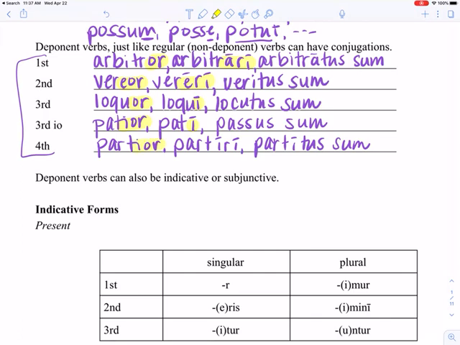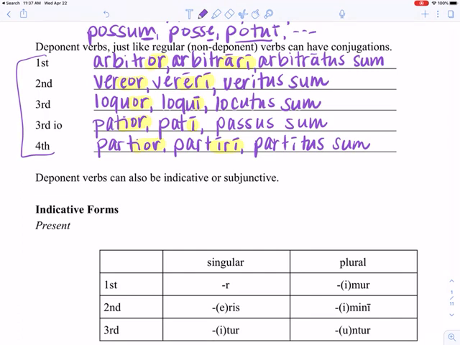So we have -ior on our first principal part. Their second principal part would end in long -ire, but now we have long -iri. So again, you can see how our conjugations are at least still related.